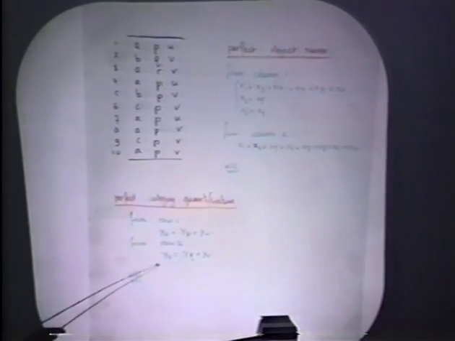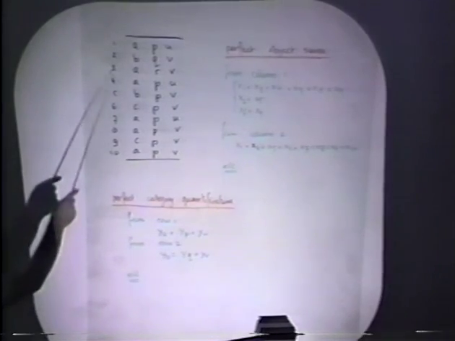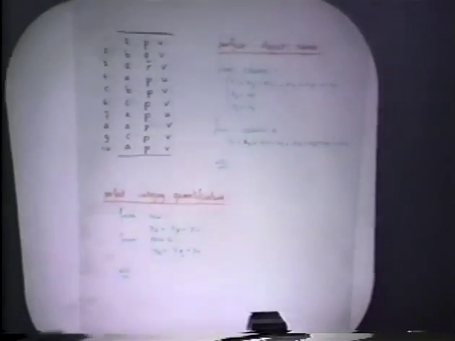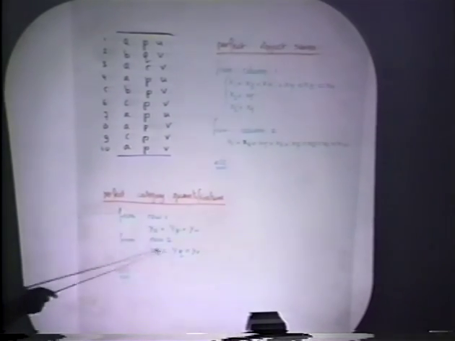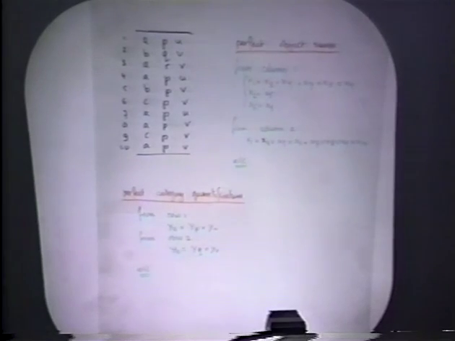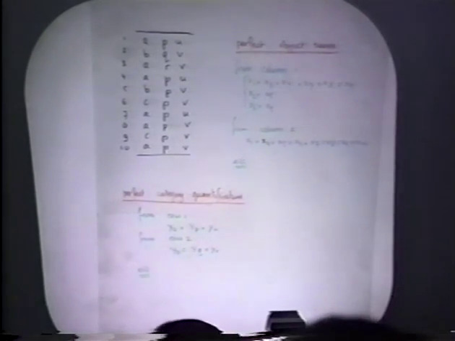And row 2 gives you these restrictions here, because object 2 has categories B, Q, and V. There are 10 such equality type restrictions. This gives you a very long list of restrictions on the y's.